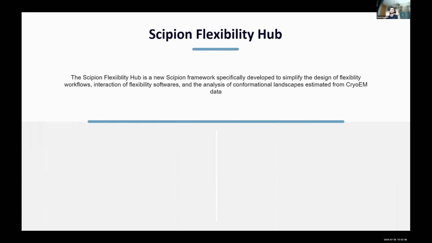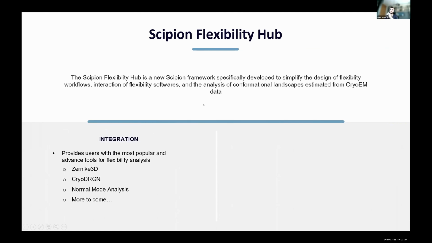You can define workflows. It will handle the conversion between different softwares automatically. And then if we have so many softwares in continuous variability, then why not also do this for conformational variability programs? And that's why we have been working also on this Scipion Flexibility Hub.